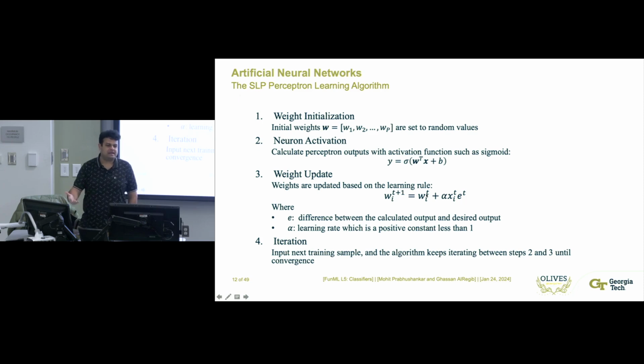But at the next iteration, w_i(1), you'll have a specific way of changing your weights based on your error function. So w_i(1) is w_i(0) plus alpha x_i(0) e(0). You get some error based on what your output is, and you also have your x, and based on that, you can make changes to your w, and it keeps on changing.